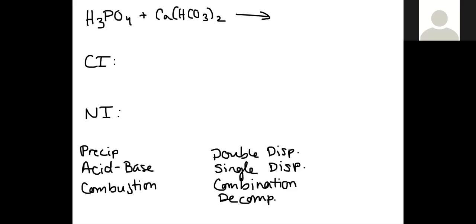You have an acid combining with bicarbonate. It's just different balancing. Save your balancing until after you've written out all your products. Otherwise, it will be very confusing.